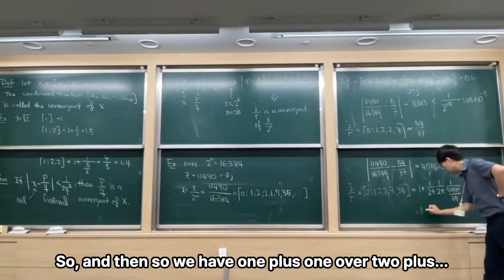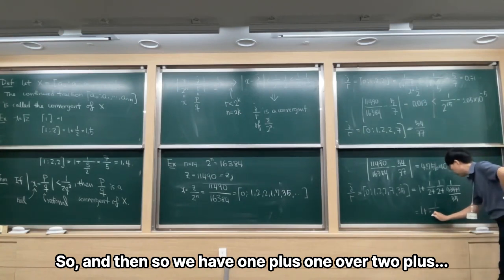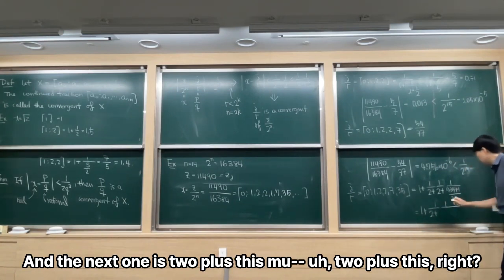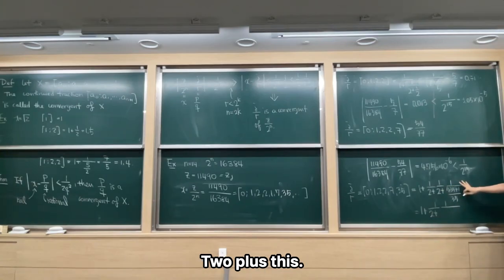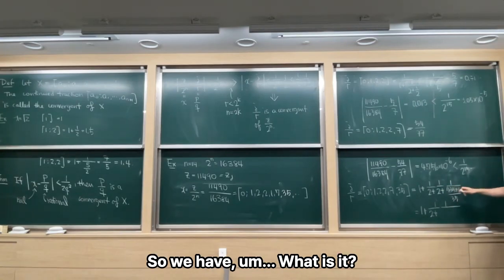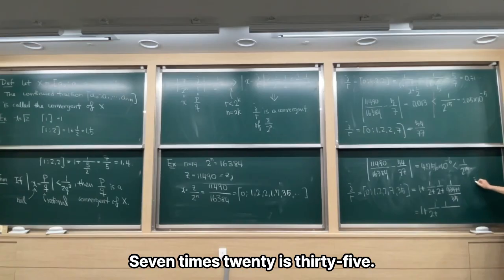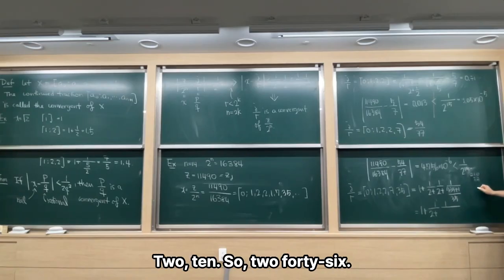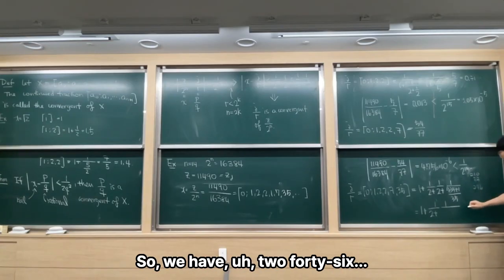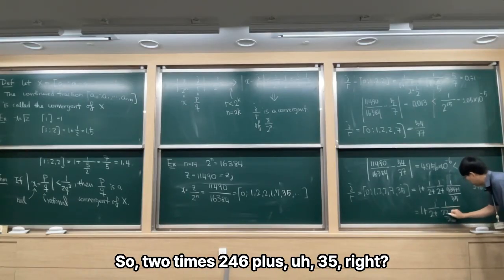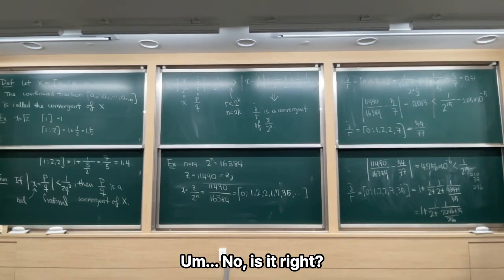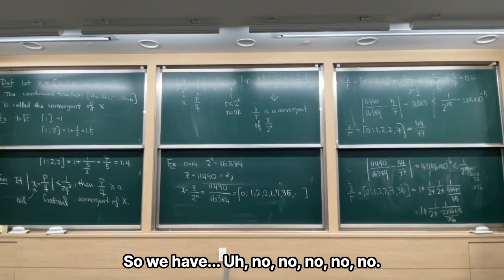And then we have 1 plus 1 over 2 plus, and the next one is 2 plus this much, 2 plus this, right? So we have, what is it? 7 times 35 is 245, plus 1 is 246. So we have 246, 2 times 246 plus 35.